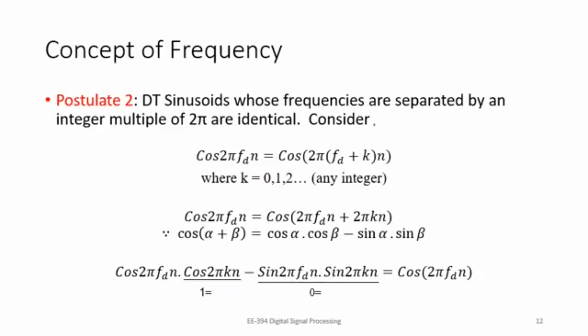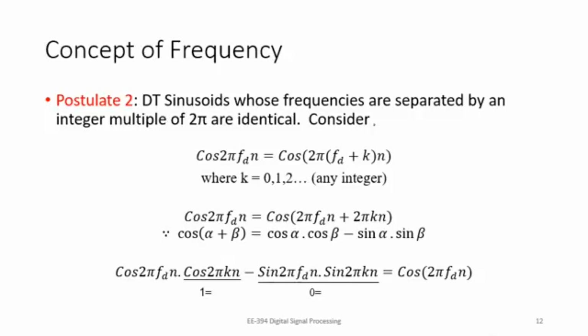Okay, now let's look at postulate 2. Remember, in continuous time sinusoids, postulate 2 was that a continuous time sinusoid with a different frequency will always generate a distinct signal.